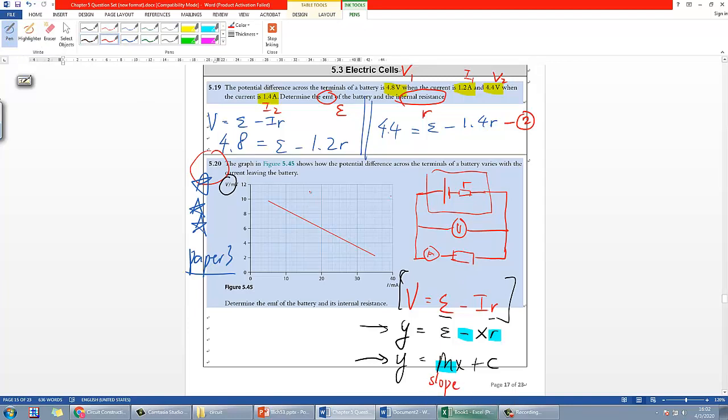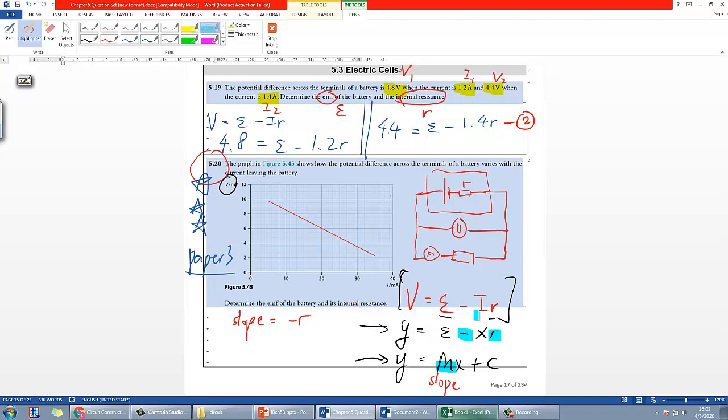So whenever you learn about this, the slope is always negative r, that means negative of the internal resistance. And actually that makes sense because resistance cannot be negative, right? And the slope here is of course negative, so a negative of a negative thing becomes positive. So the resistance will actually be positive when you calculate it.